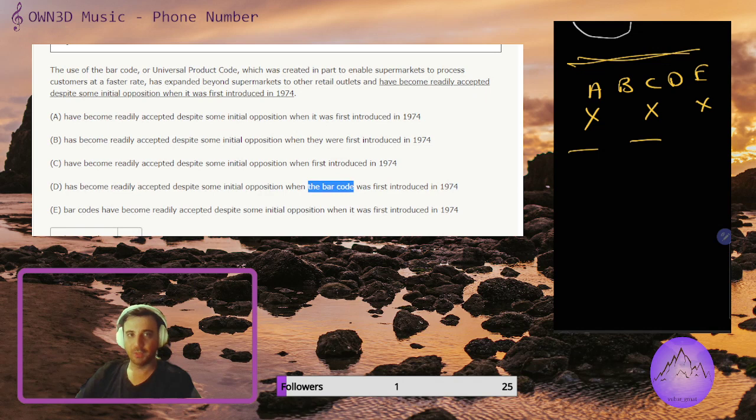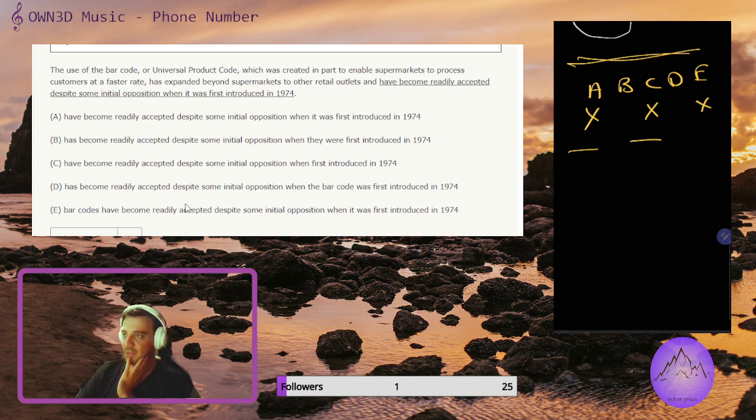Oh, sorry, there it is. It sort of becomes pretty clear which one is right, because this entire sentence is about the use of the barcode. So the use is singular, has become readily accepted despite when they were first introduced. What's they? Which plural thing are we talking about? Because nowhere in the sentence are we talking about barcodes.